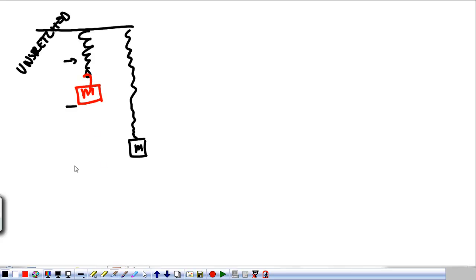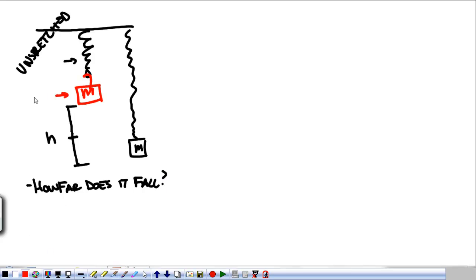So the first thing I want is this distance. We'll call it h. I want to know how far down the mass falls. How far does it fall? So we're going to look at the energy here. All of my energy at that point is gravitational potential, and the energy down here, spring potential, and set those equal to each other.